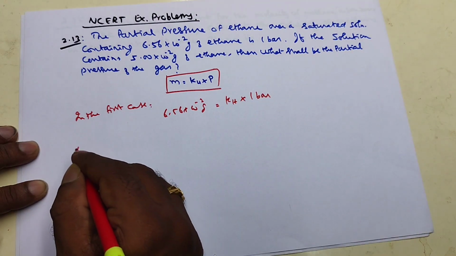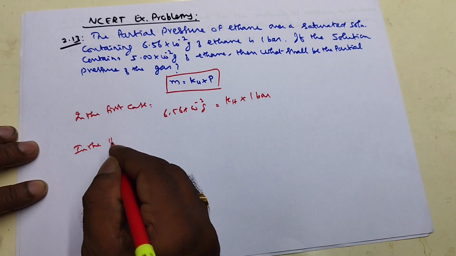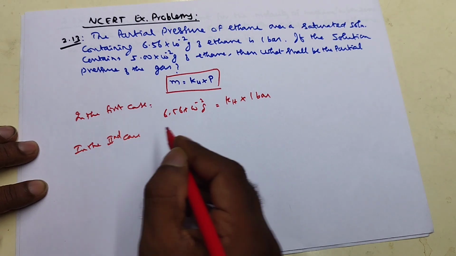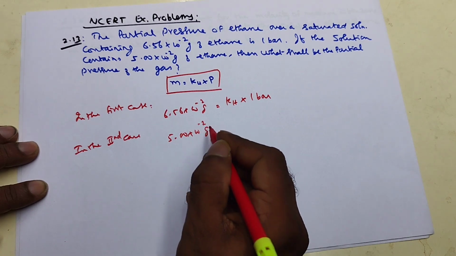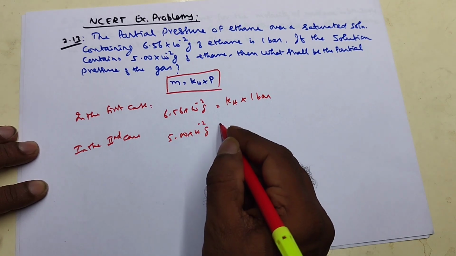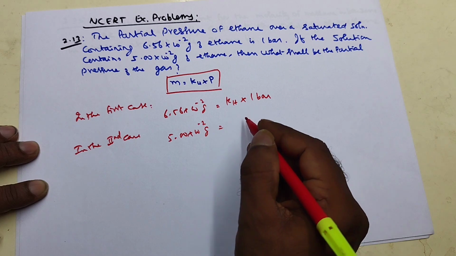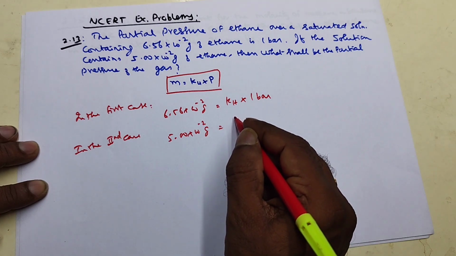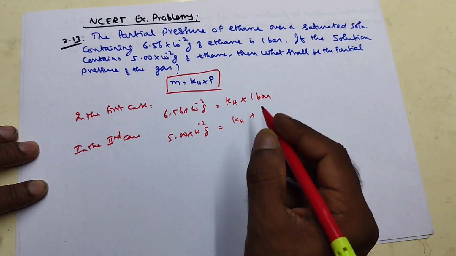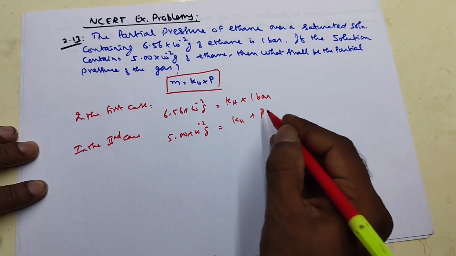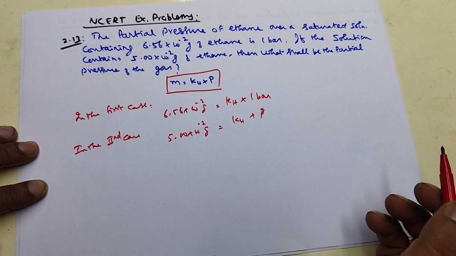In the second case, 5.00 × 10^-2 gram of ethane is nothing but Kh into P. They are asking for this partial pressure only.